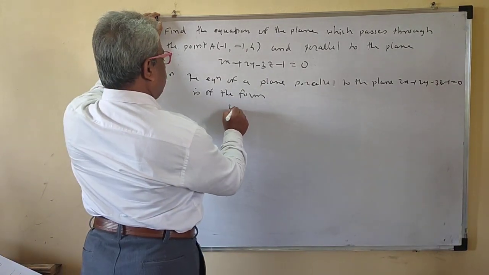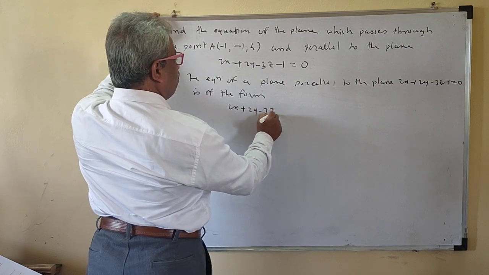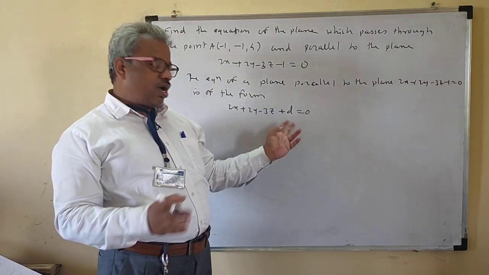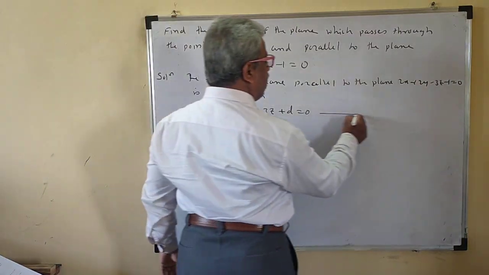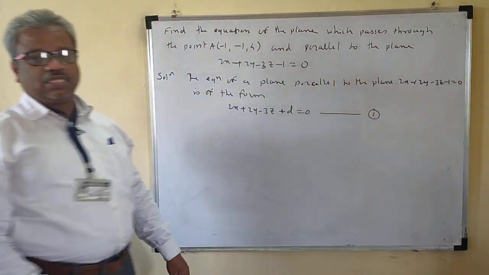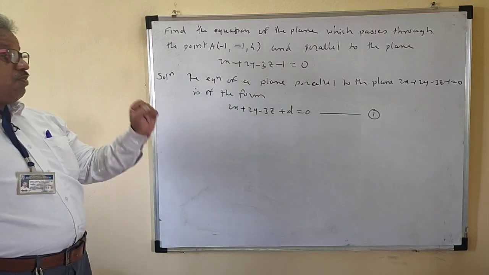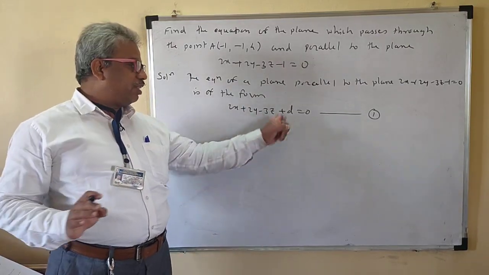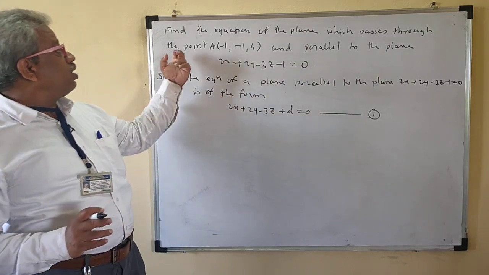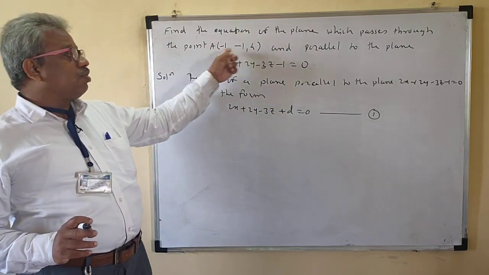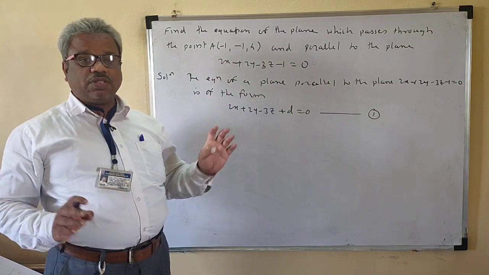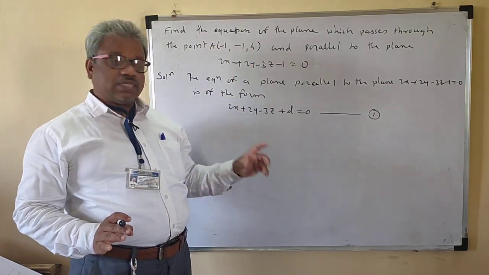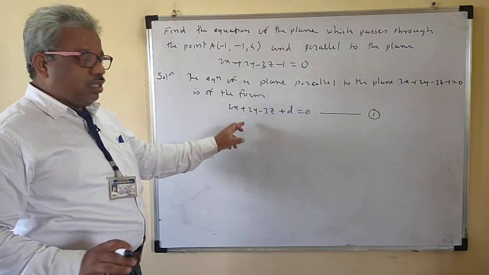So it is of the form 2x plus 2y minus 3z plus d is equal to 0. This is the required equation of the plane, and our aim now is to find the value of d. We are given one more condition: the plane passes through the point A, so this point satisfies the equation.